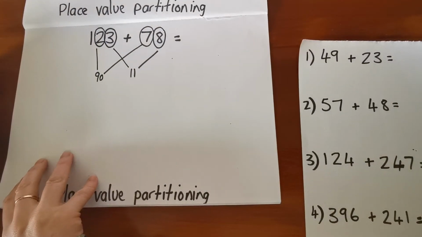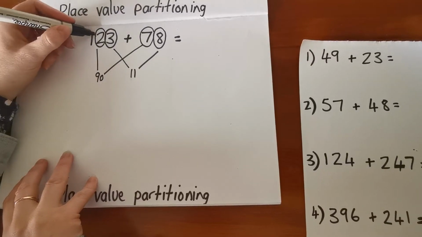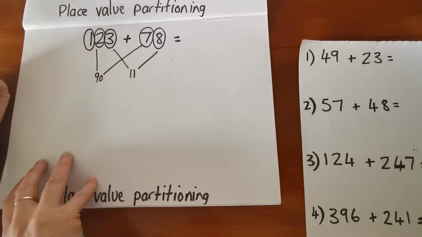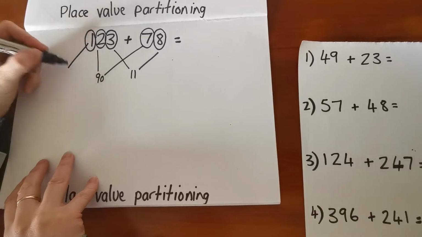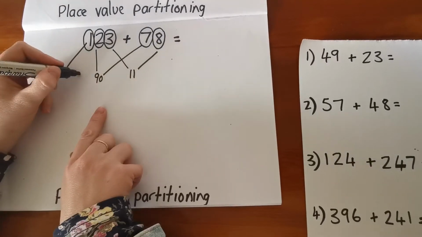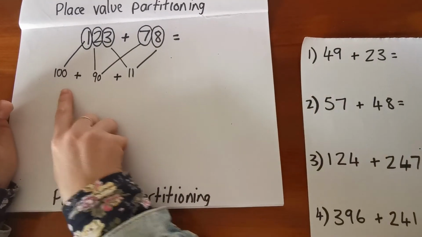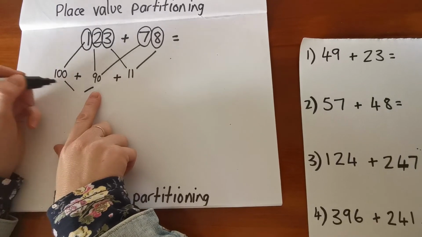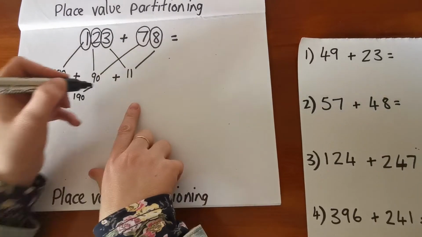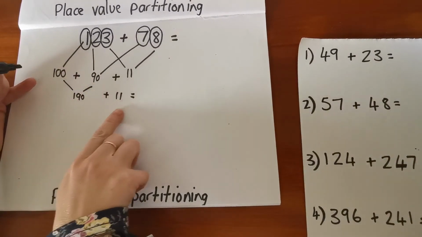And then I look for my next column, which is my hundreds column. And I've only got 1. So I circle the 100 and I do a line over here. So now I've got 100 plus 90 plus 11. So I go 100 plus 90 is 190 plus 11 more equals, oh, well, we could break that down even further.